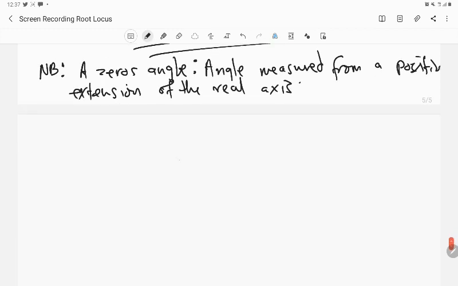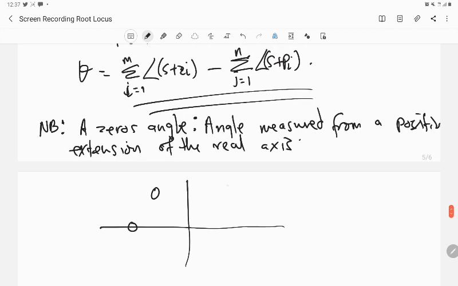It simply means if I have, for example, a zero here, and then the point s is here, let me use the one on the real axis for now. So this point s, if I draw my zero like this, then the magnitude is here, the angle is the angle here.